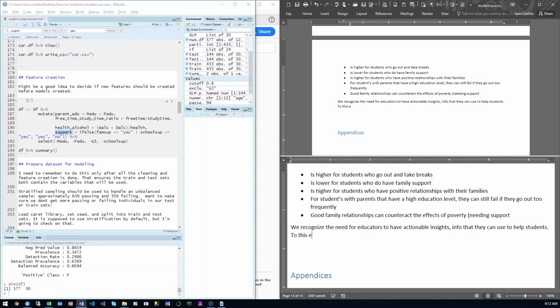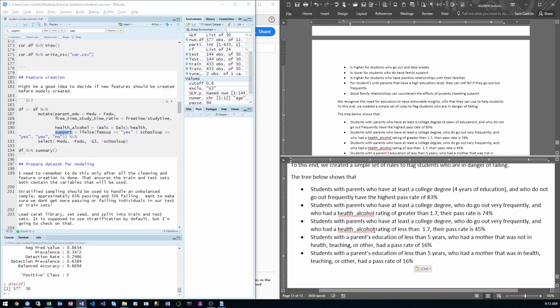To this end, we created a simple set of rules to flag students who are in danger of failing. And here's our rules. These are the highest risk students.